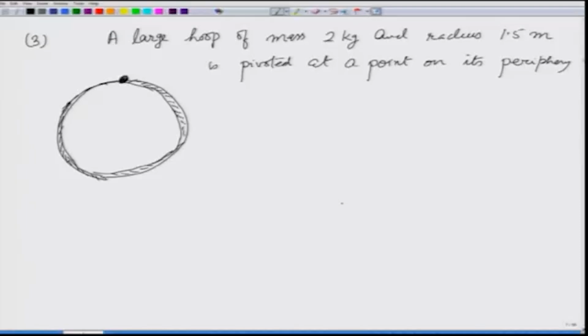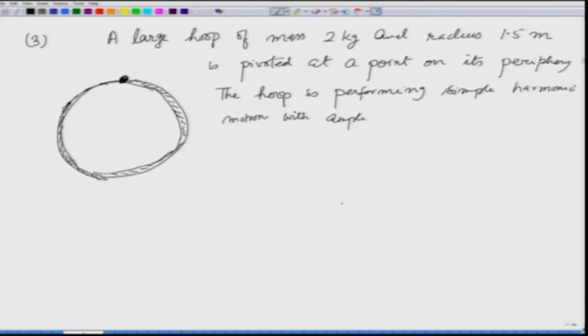So, the entire mass is on the circumference, and the hoop is performing simple harmonic motion with amplitude theta 0.